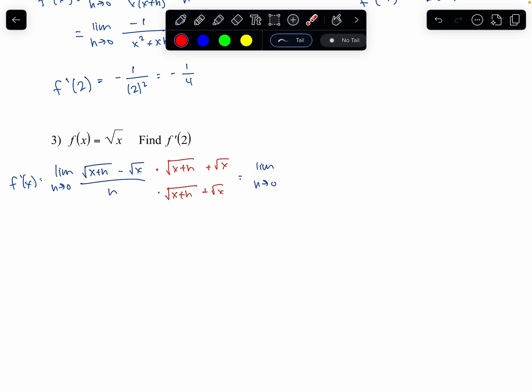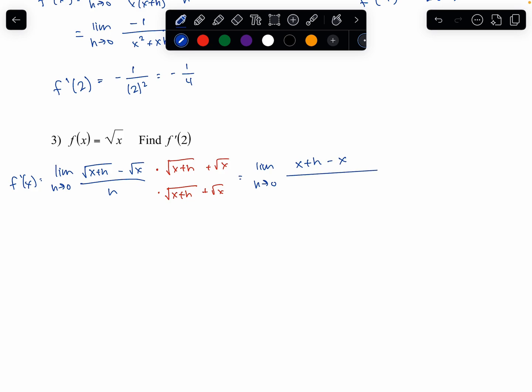When I FOIL the numerator out, the square root of x plus h times the square root of x plus h is going to be x plus h. I don't care about the middle terms, the inner and the outer terms, because they will cancel out. And then negative square root of x times positive square root of x will turn out to be minus x.